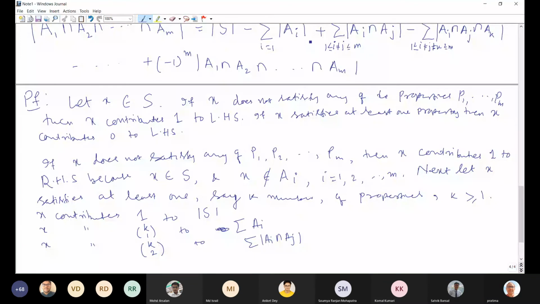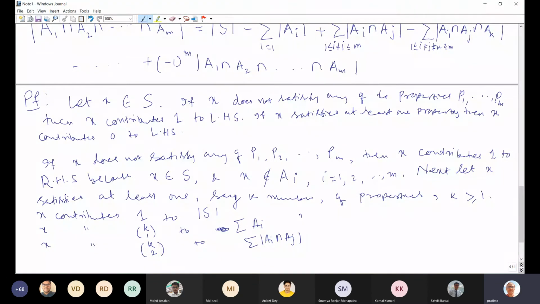Sorry, x satisfies k number of properties, say P1, P2 to Pk. In this case, suppose x satisfies the properties P1, P2 to Pk.